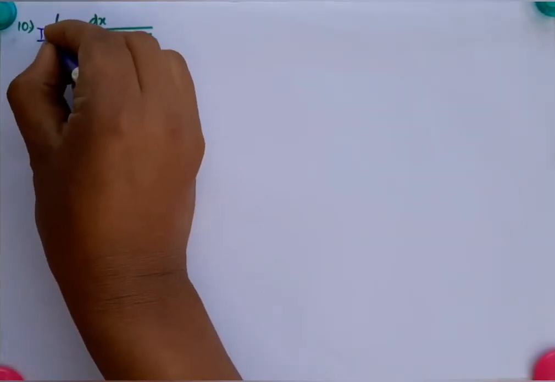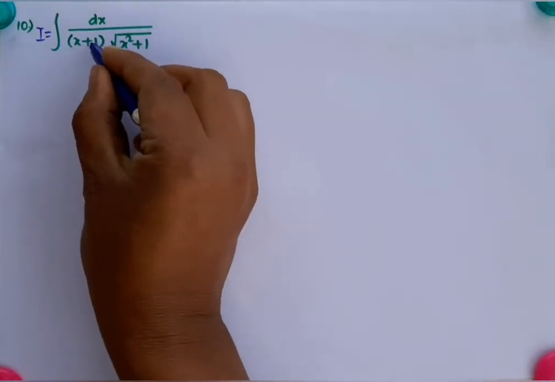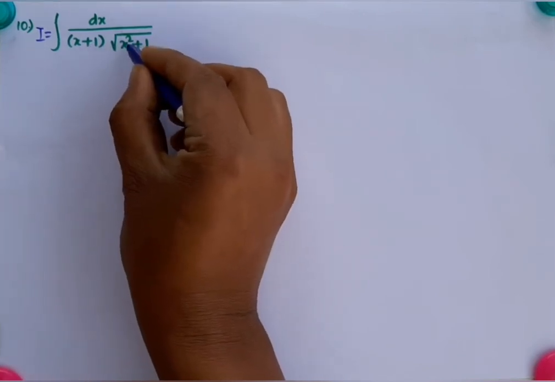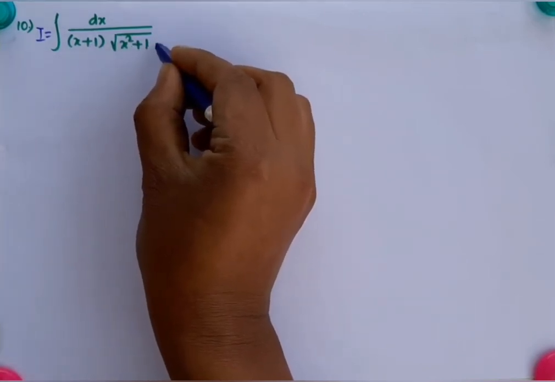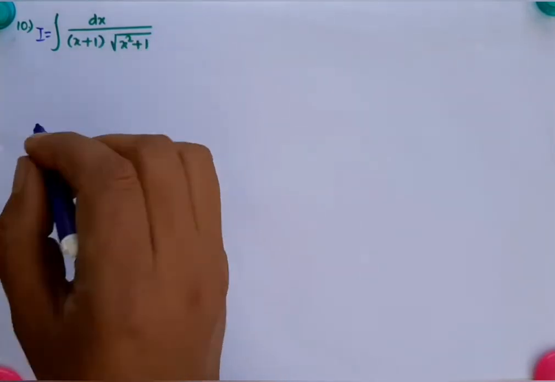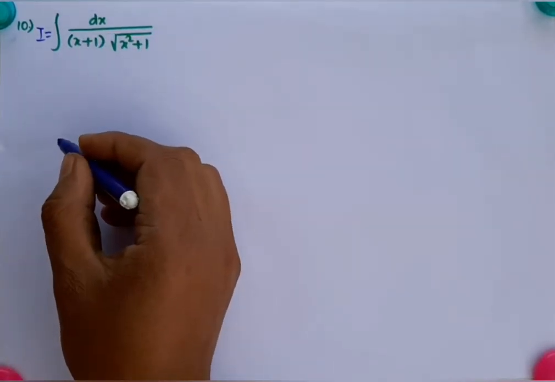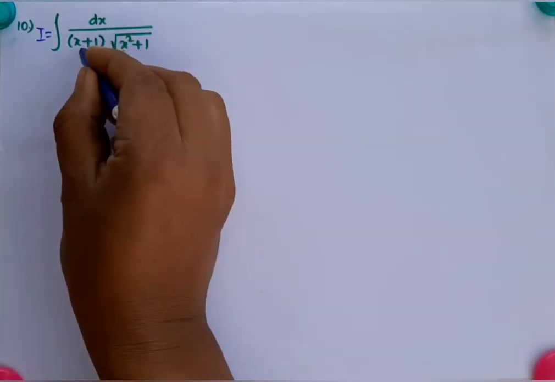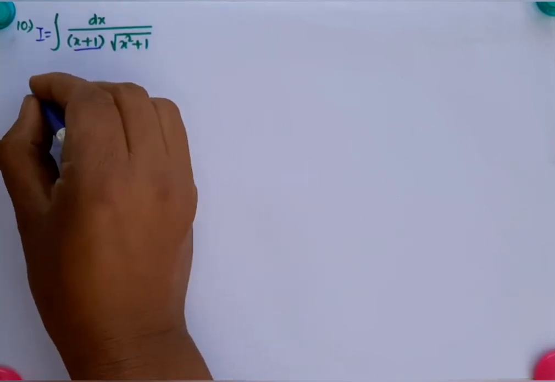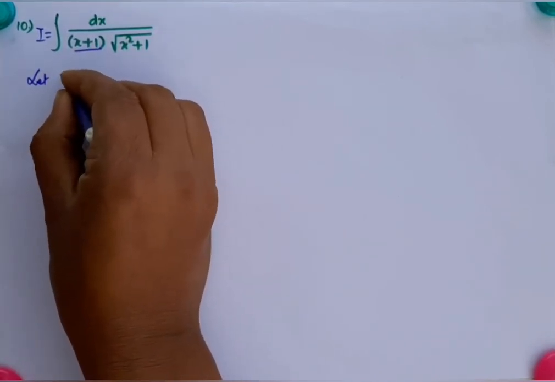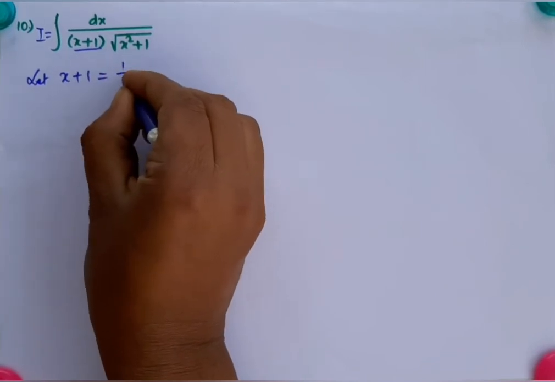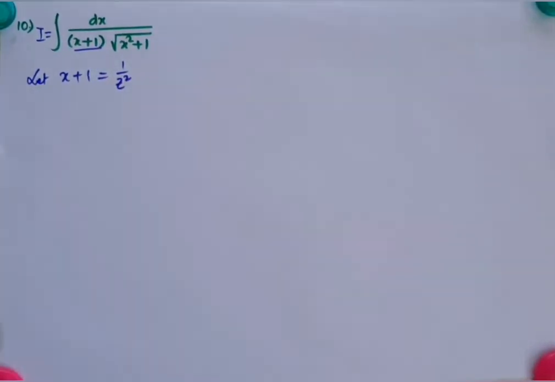So in such a case, this is your ax plus b, this is square root of cx square plus dx plus e. The rule says that you have to put ax plus b, so here ax plus b is this one, and we have to take that quantity to be 1 by z. So this is the rule.